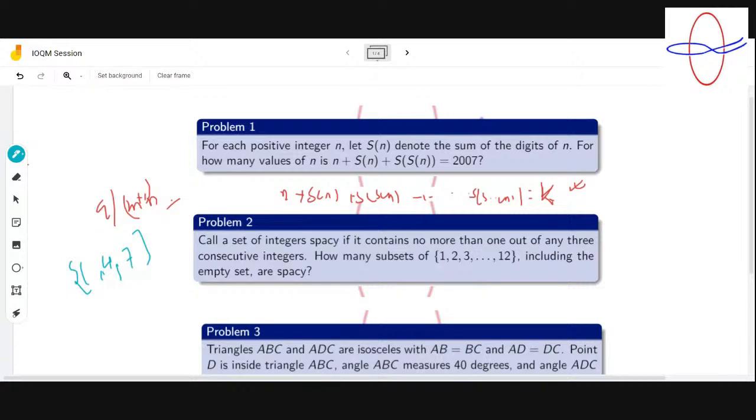That means if you take any chunk of three consecutive integers and compare it with a Spacey set, at most one of them can be inside, not more. That's the idea. So think about this problem.